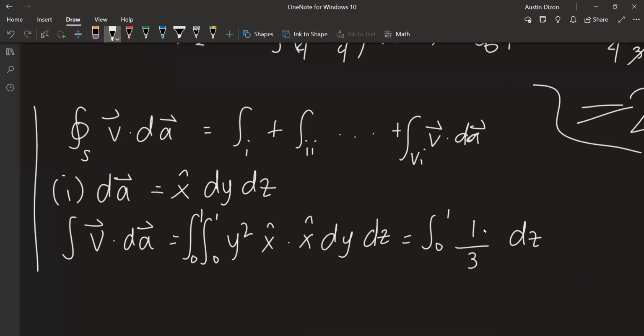And you evaluate it again with dz. So, ang mangyayari is just magkakaroon ng z, 1z over 3. And that gives me, evaluate natin from 0 to 1, ang matitira is 1/3 pa rin. Tama ba? Okay, so tama.